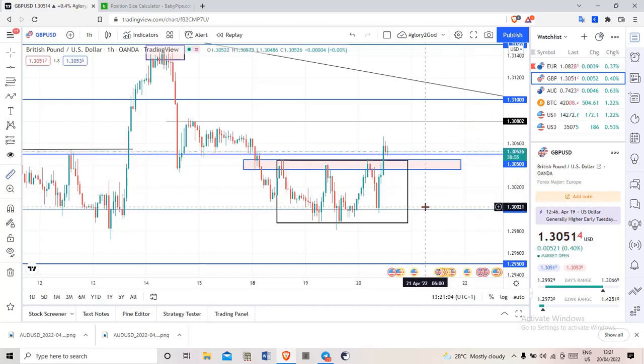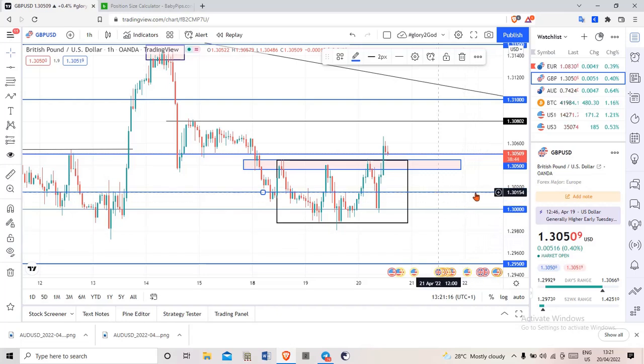Now, what you have to note is that a psychological level is not that you just put a value anywhere. Okay, it's not like you put a number anywhere and then you add 50 to it. No. If you are not getting it, now look at this place, 1.30154. This is not a psychological level. Now, the psychological level is that you want to round this up to the closest whole number.